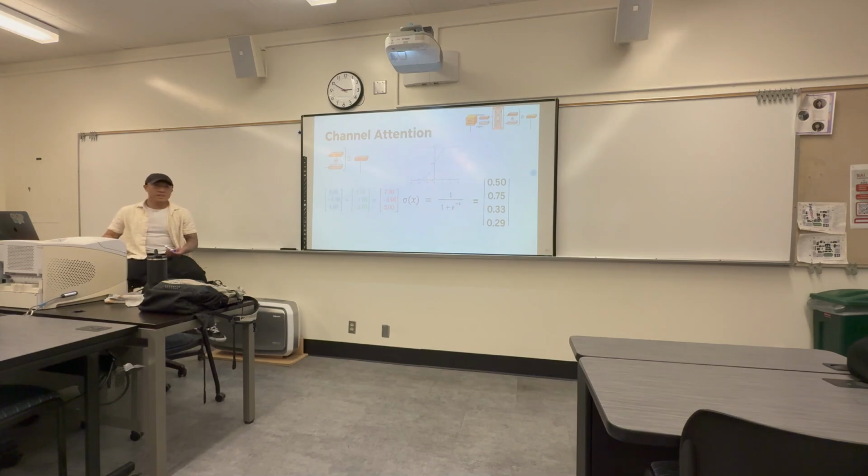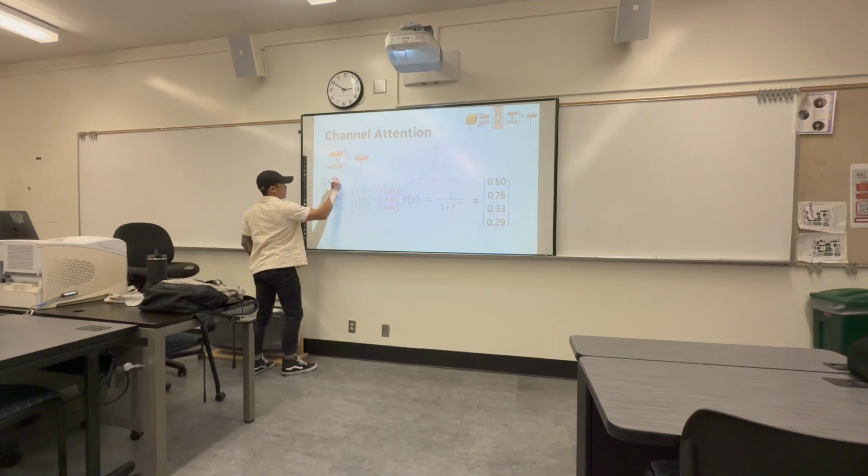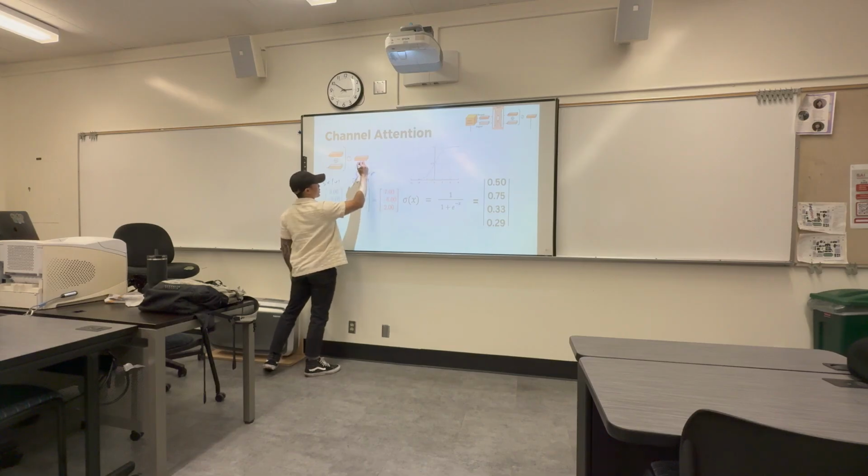The reason why I say channel by 1 by 1 is because when you code this out, this is the output. And they mean the exact same thing. So you do have a 3 by 1 by 1, or you call it a 3D vector, or you can call it just a 1 by 3 matrix.